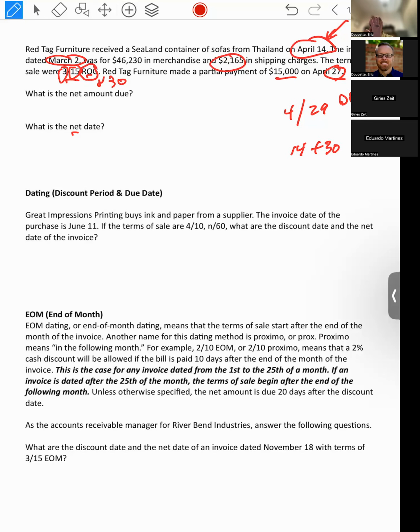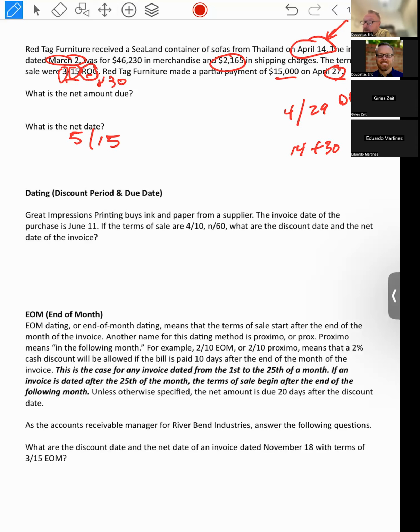So May 1st, May 2nd, May 3rd, May 4th, May 5th, up through May 14th, May 15th. It's May 15th. So 5/15 will be 30 days later. So there you go.